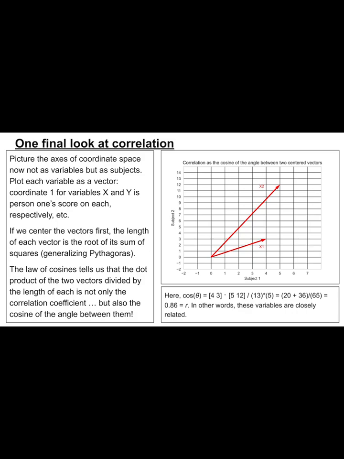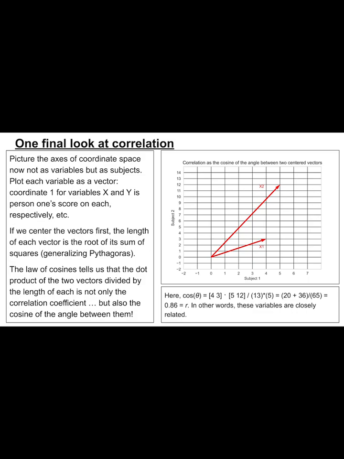And then if we divide the whole thing by the product of the sum of squares for each variable, if we then put n minus 1 in the denominator of the numerator and the denominator of the denominator, that happens to give us exactly the covariance over the standard deviation of x times the standard deviation of y, which is the correlation formula, but that's also the formula that gives us the equation for the cosine of theta, where theta is the angle between two vectors.